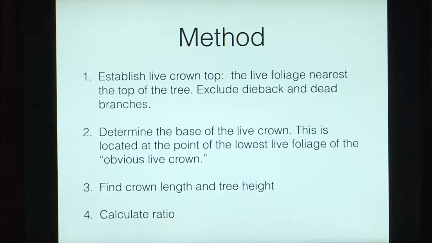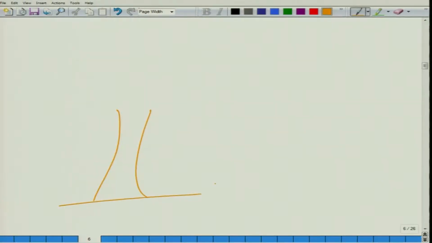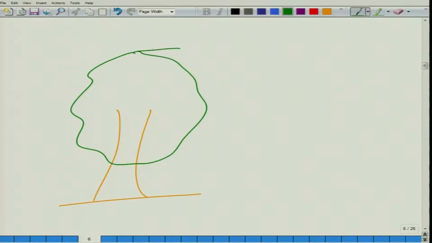First of all, we establish the live crown top, which is the live foliage nearest to the top of the tree, and here we do not include any dieback or dead branches. So, the first thing that we need to figure out is, in the case of a tree, which is the live crown top, the position that we will call the top.